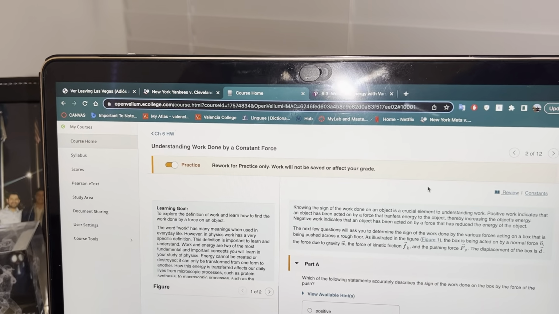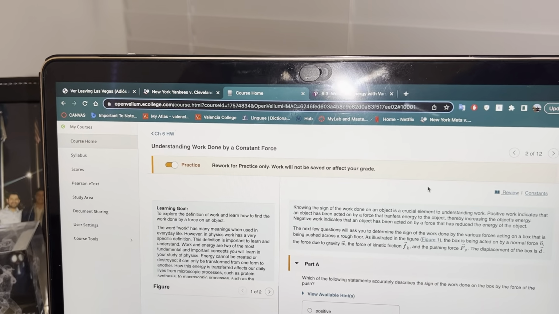Then the next question says, which of the following statements accurately describes the sign of the work done on the box by the normal force? So we should do the same thing, but using the normal force as the magnitude of the force.